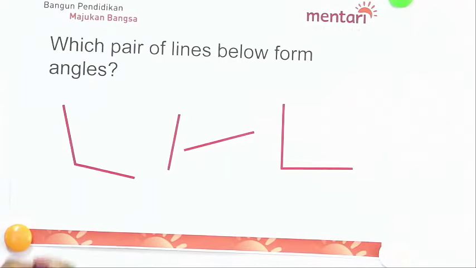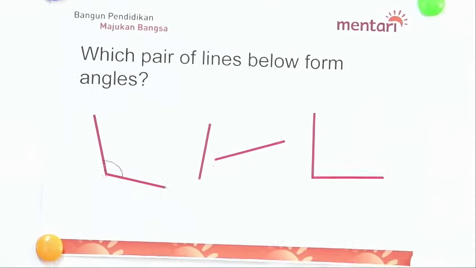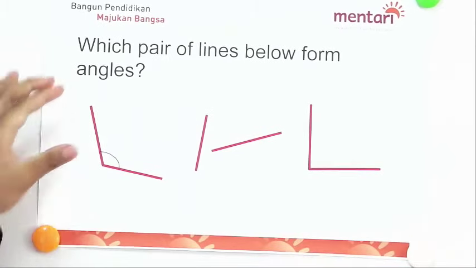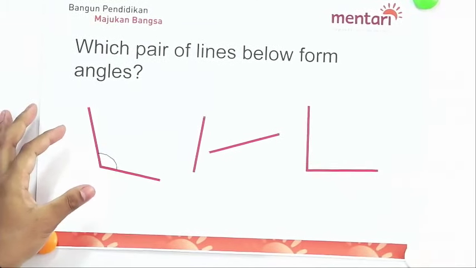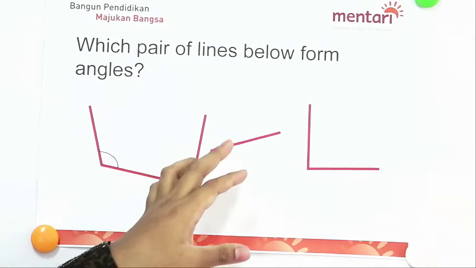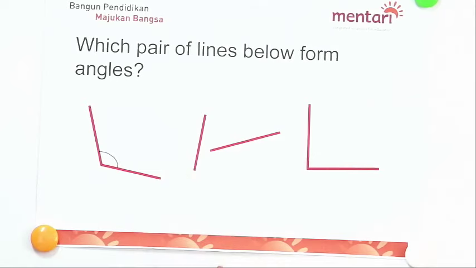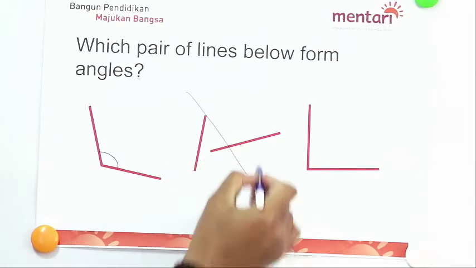Yeah, this is an angle, yeah? Based on the definition of angle, we have 2 lines, and those lines meet at a point. What about the middle pair of lines? Do you think it is an angle or not? No, this is not an angle, yeah?